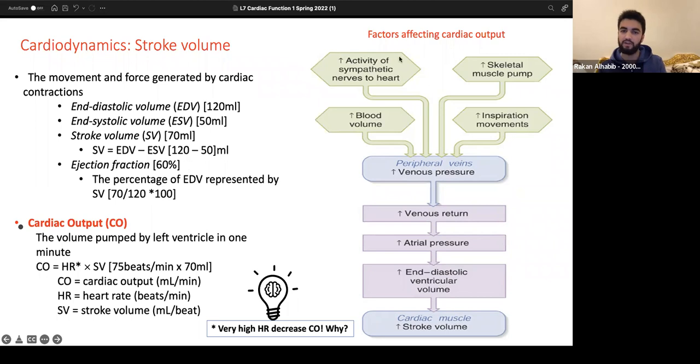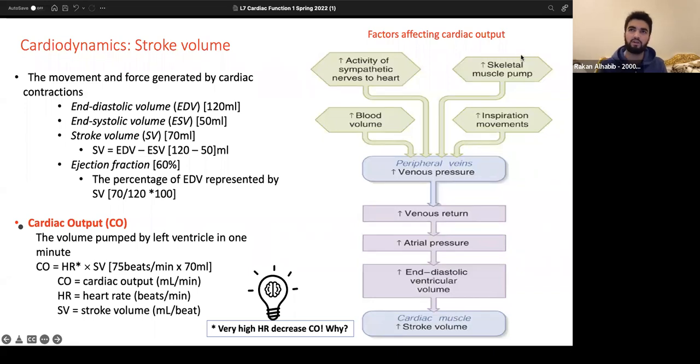And here he explains that there's more than one factor that influences the venous pressure. One of them is blood volume. If I have 5 liters normally, and I add 1 liter, there's more volume occupying the vessels, so the pressure will be higher, okay? The second thing is the skeletal muscle pump.